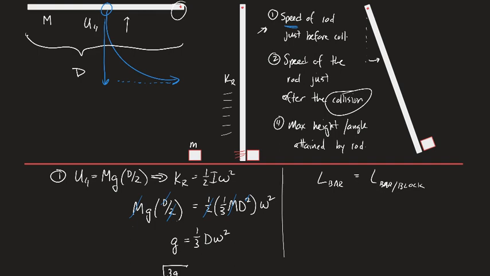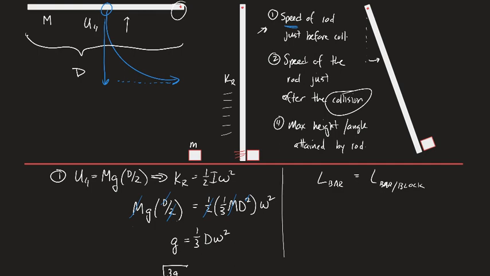Now, the collision portion of this problem isn't terrible, but you have to make a decision about how you want to treat the block. You can either treat the block as a point mass, or you can make the bar and block join together into one object that has a combined angular speed. You have a choice. You have to pick which one of these to do.